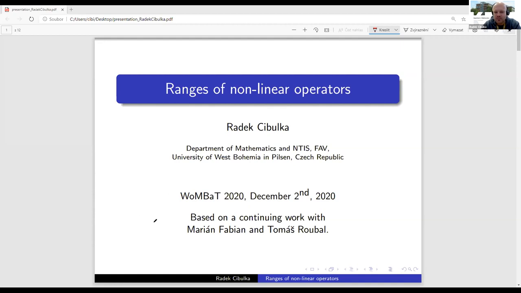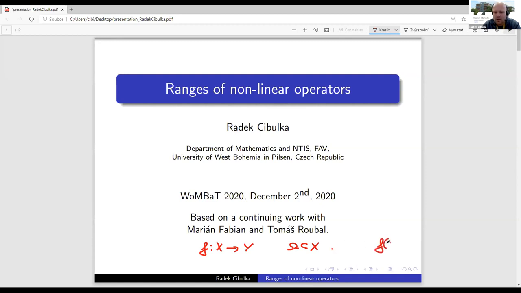So my talk is based on a continuing work with Marian Fabian and Tomáš Roubal, and I will write what it is about. I have some mapping F, say from some set X space, for example, a Fréchet space, into another Fréchet space, for example, or in finite dimensions, and I have some subset omega in X, and I want to solve the equation.